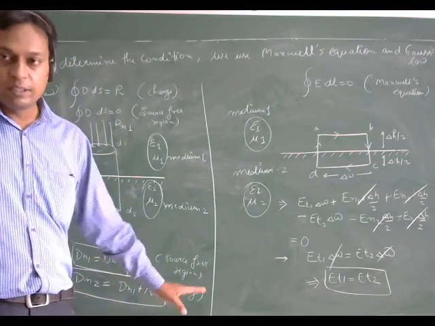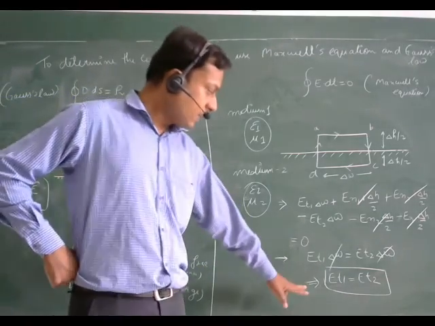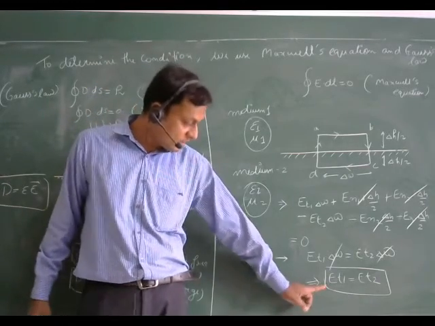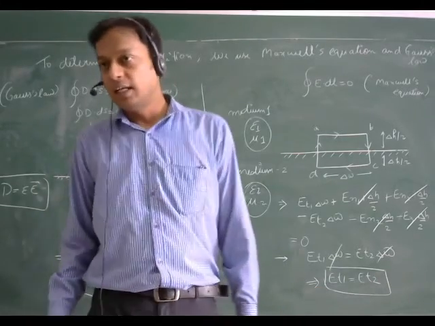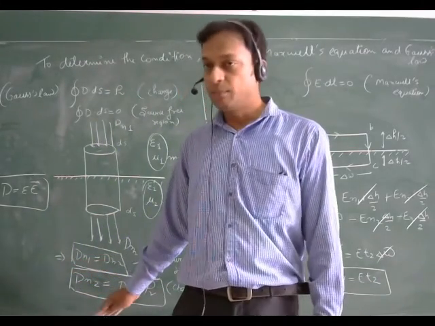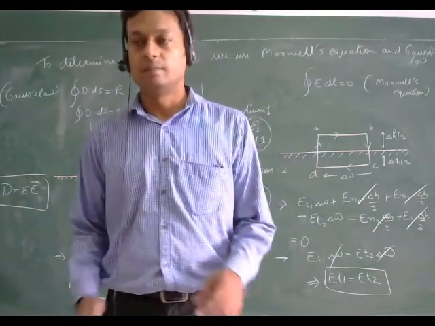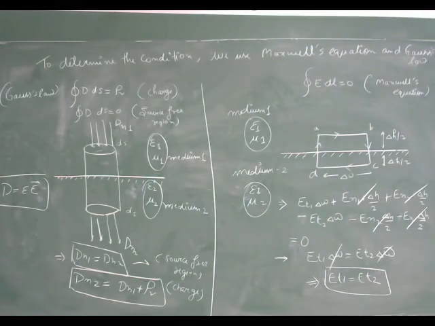So we have evaluated both boundary condition equations, and again the equation of flux density can be utilized to convert from electric field to flux density. Okay, and similarly in the normal component we can also convert the electric field to the flux density. So this is the electric field boundary condition.